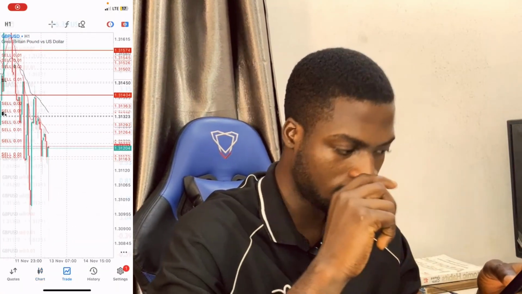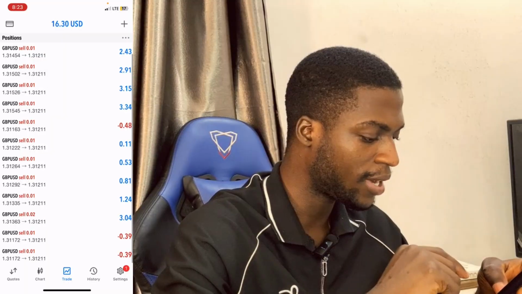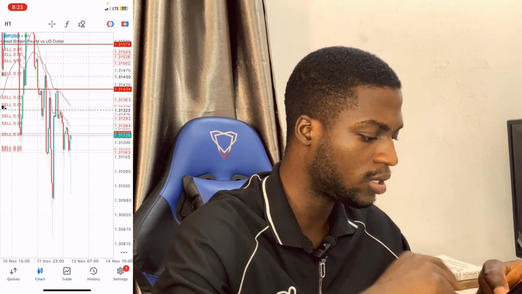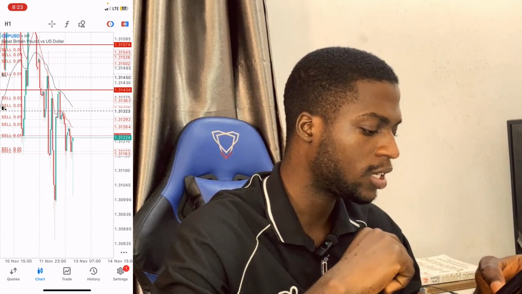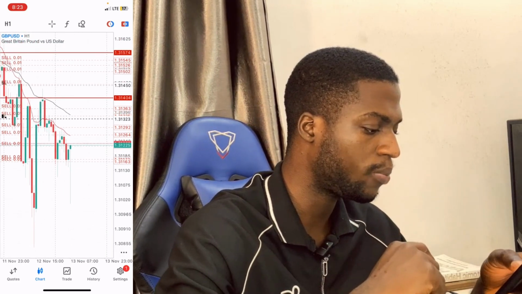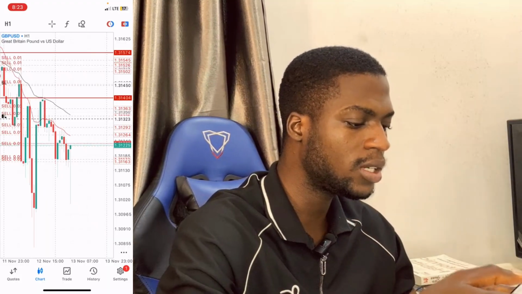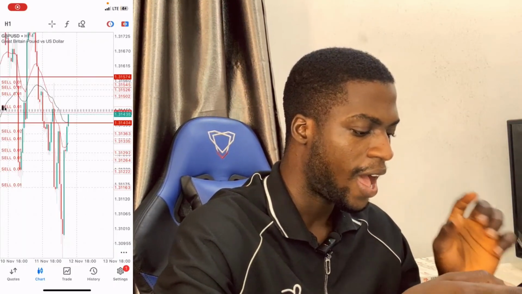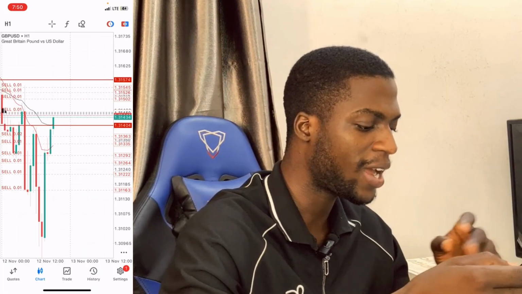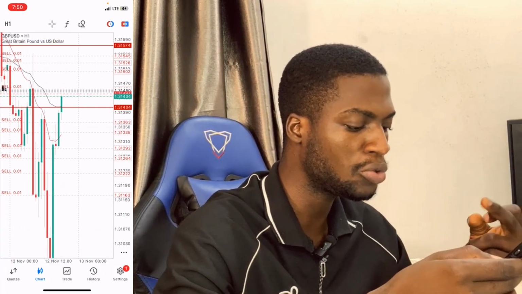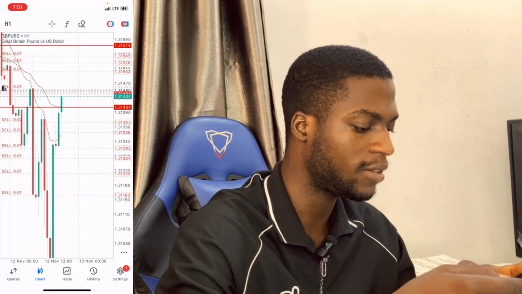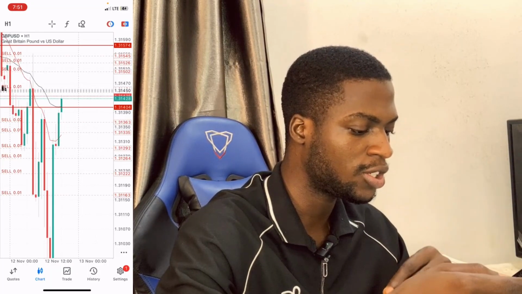So it was a painful trade, because I was expecting price to dip a little bit more, maybe to some lows around this region, so that I could take partial profit again, because I already had some positions stacked when price went to the top. And the funny thing about this trade was I was so close to stop loss on Wednesday, with only like 0.5 pips left for the stop loss to get triggered.